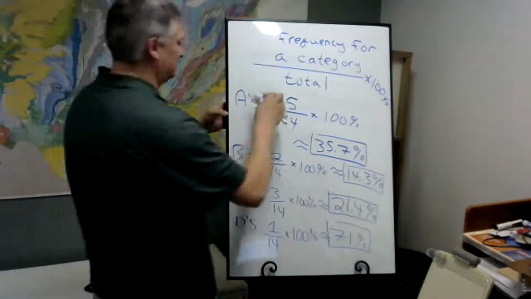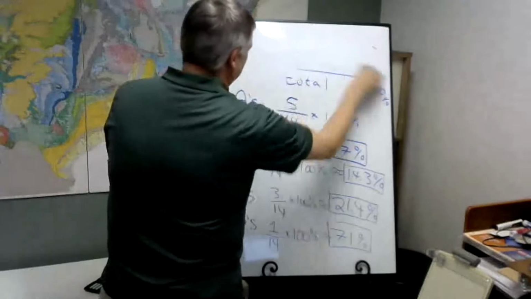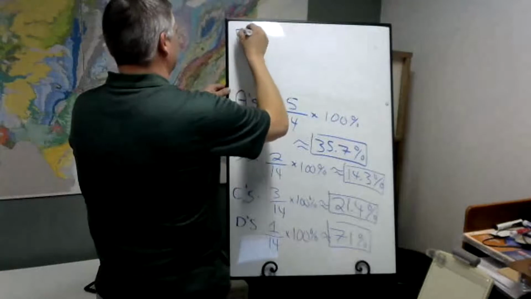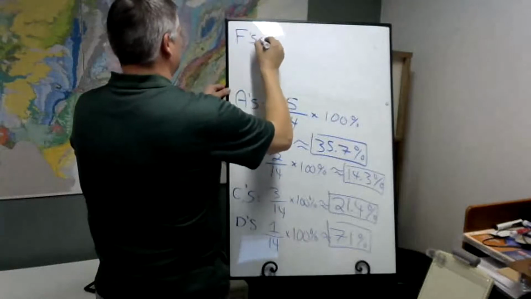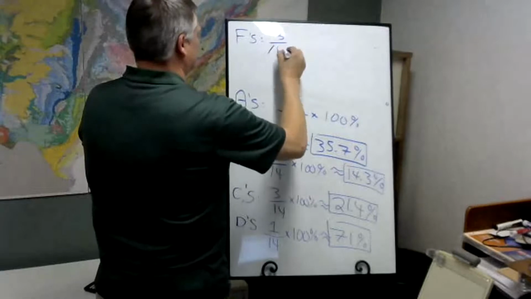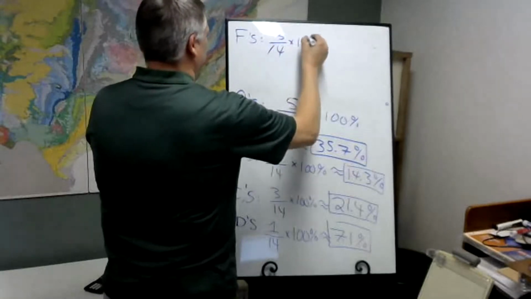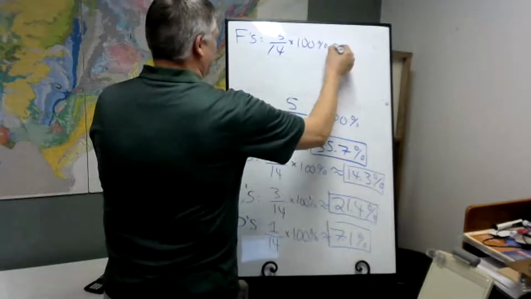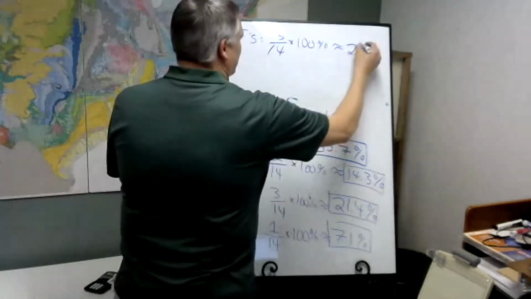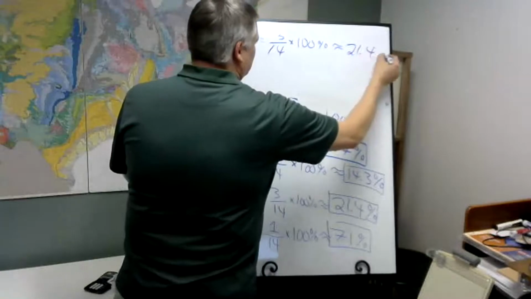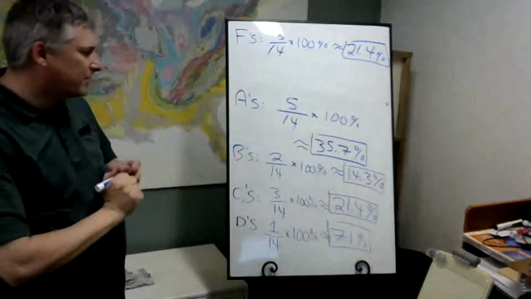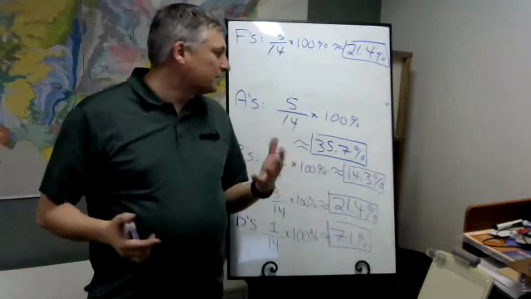Finally, F's. Well, there were 3 F's. And again, we've done this calculation already, 21.4 about.